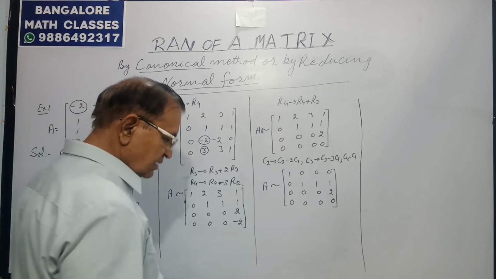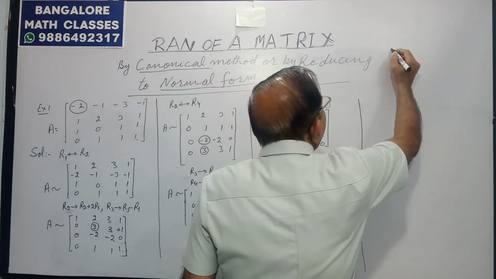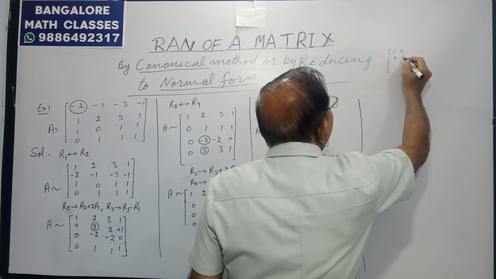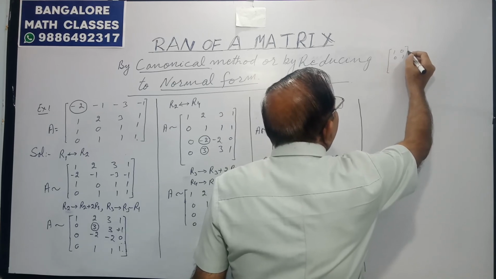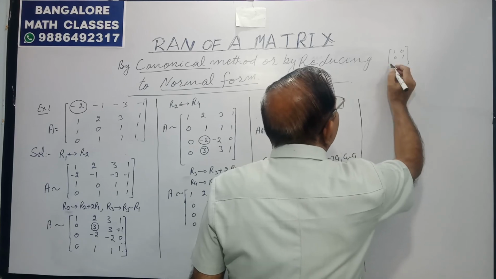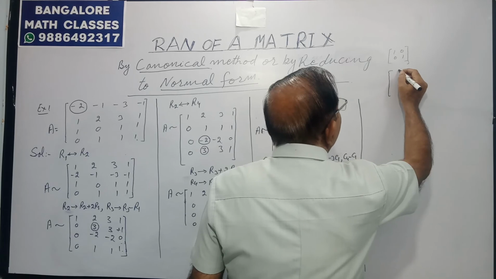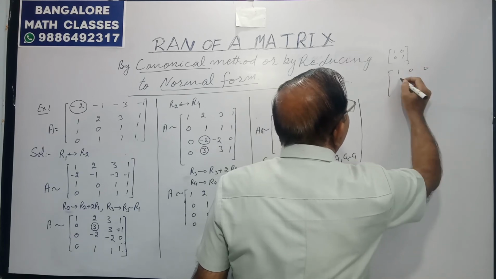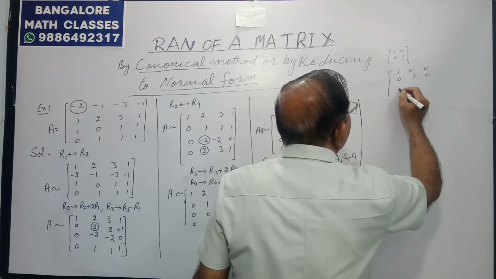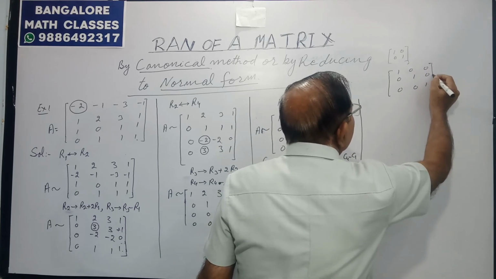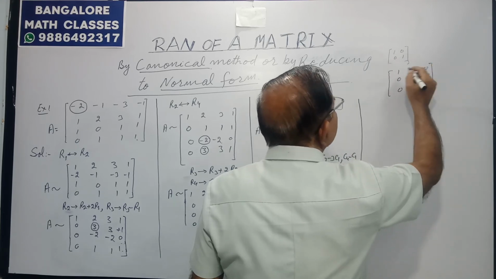Canonical form is actually where I want to put it in this form. Other than this, 0 should also be there.